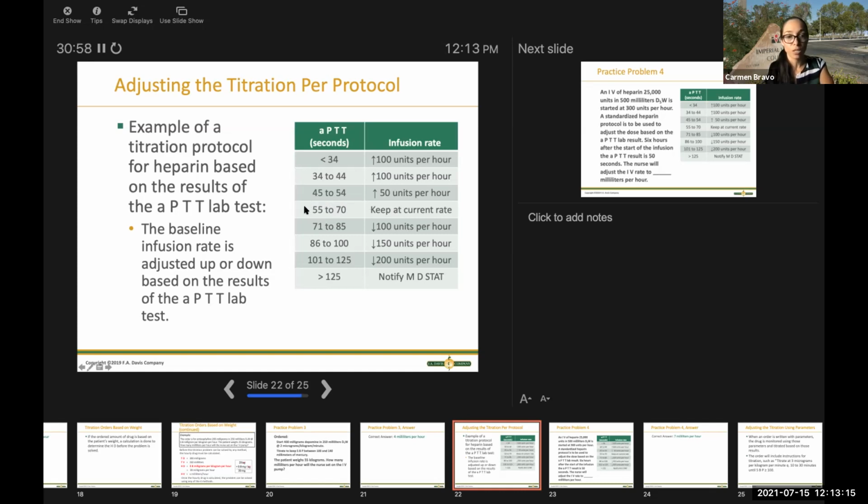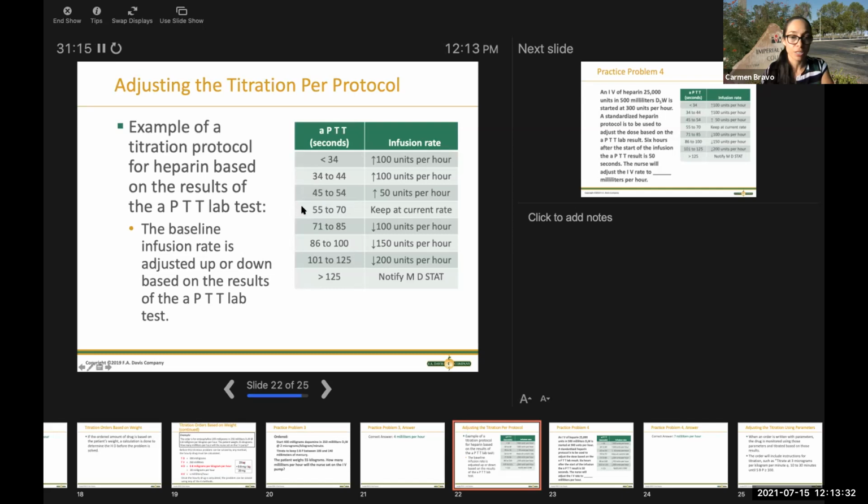And if for some reason the blood work comes back at 45, you have to increase the dose by 50 because you want to keep it right here.